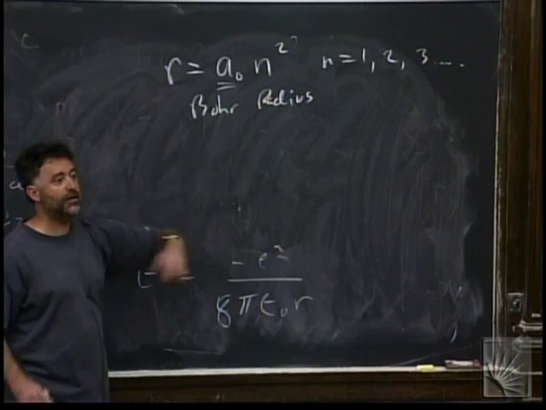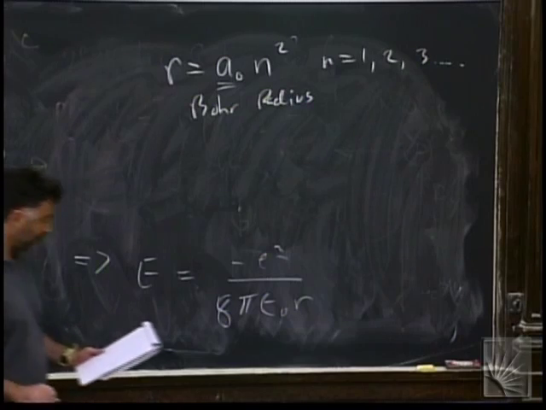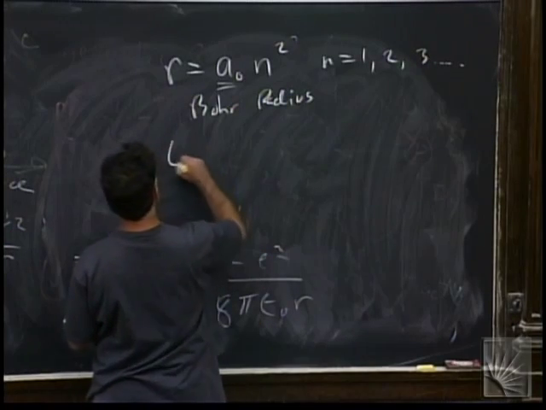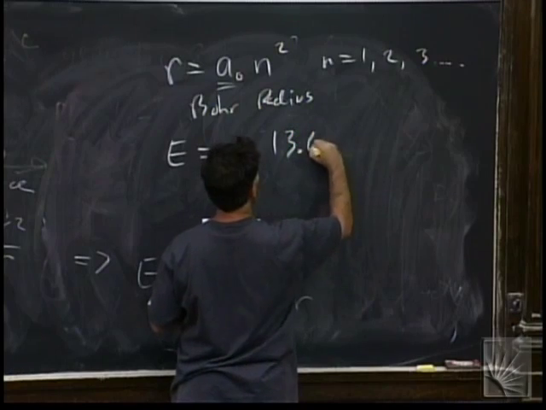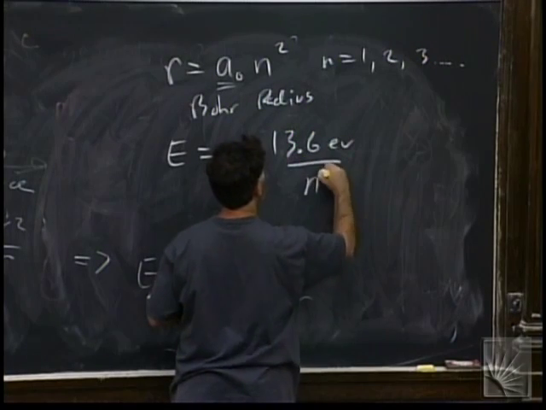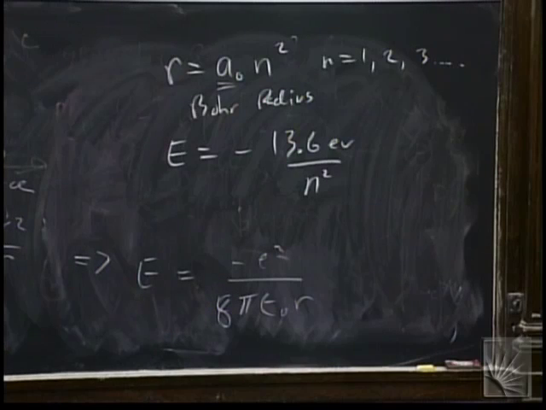Now it's mostly of historical interest, but this parameter a naught is important, and it turns up when you solve the full Schrodinger equation and find the actual three-dimensional wave functions and the energies of the real hydrogen atom. And the other thing you get out of this is that E is minus 13.6 electron volts over n squared, so the energy of the Bohr model is also quantized.